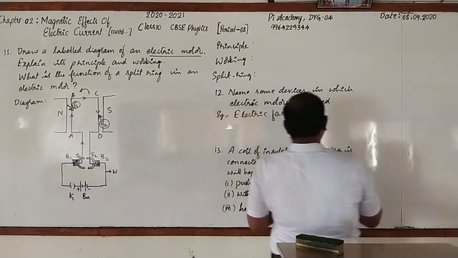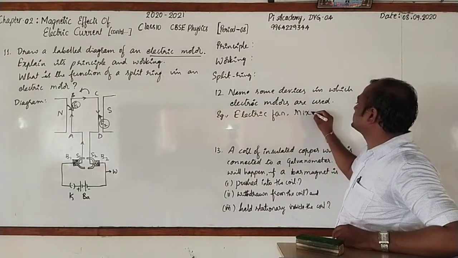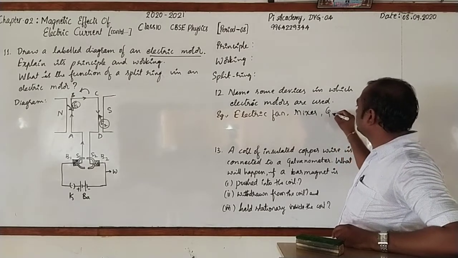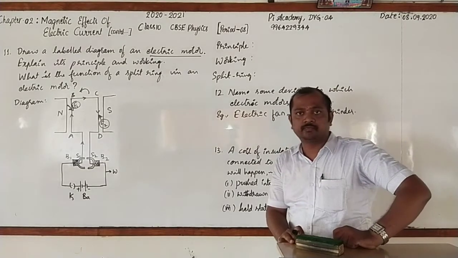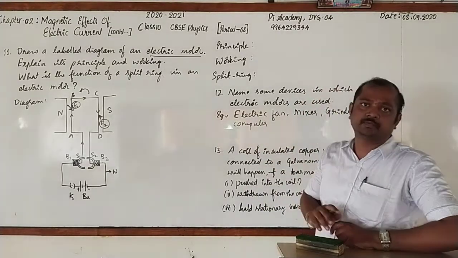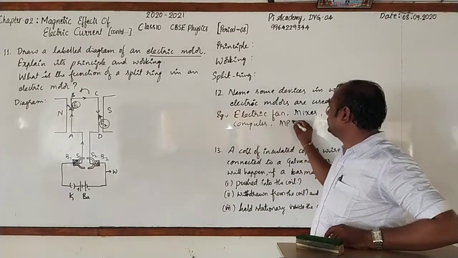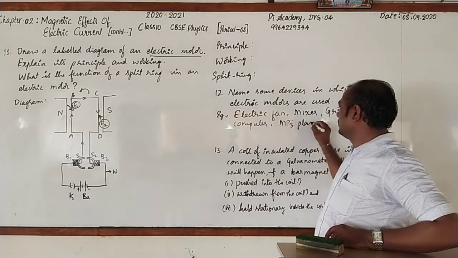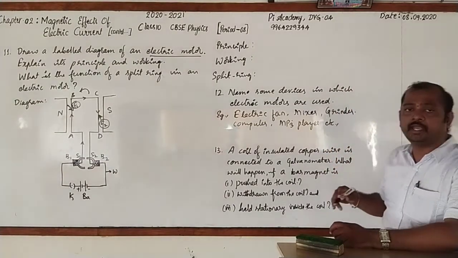That is one more: the mixer, and even in the electric grinder, a motor will be used. Computer, this will be used, and even in an MP3 player, an electric motor is used. Like that, you can give so many examples.